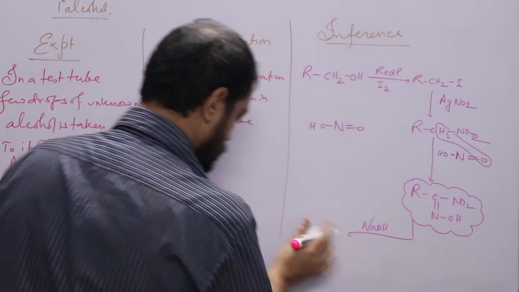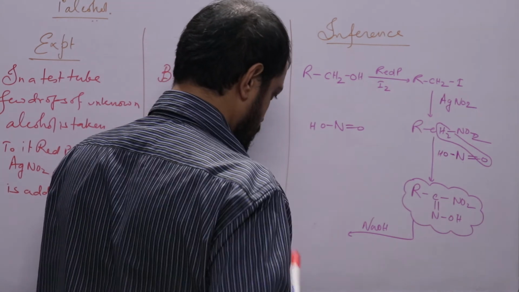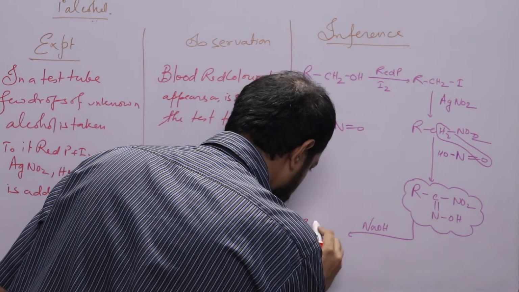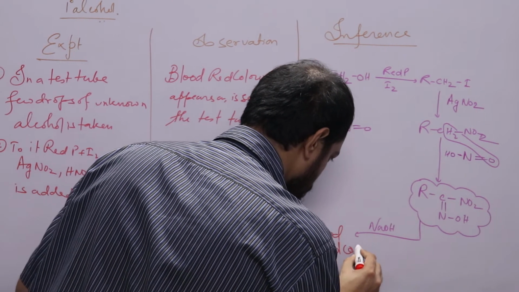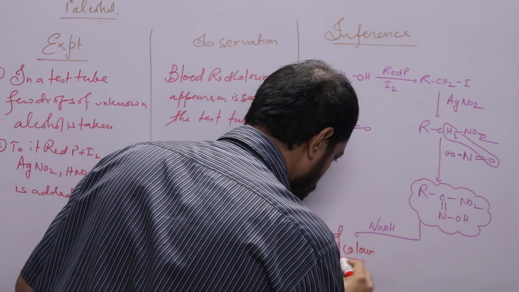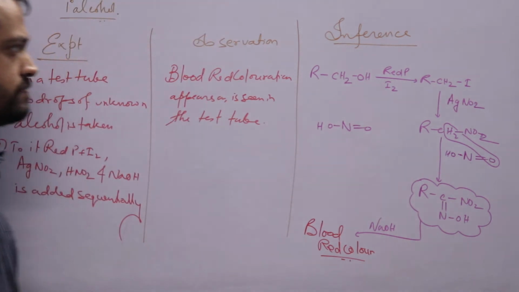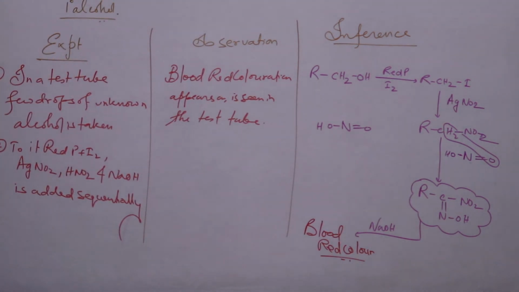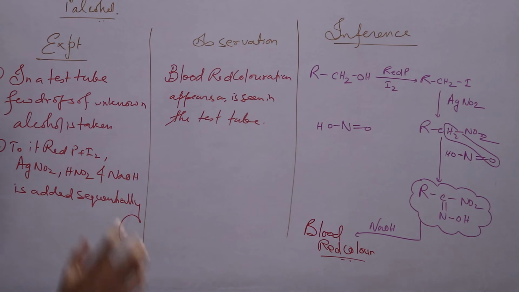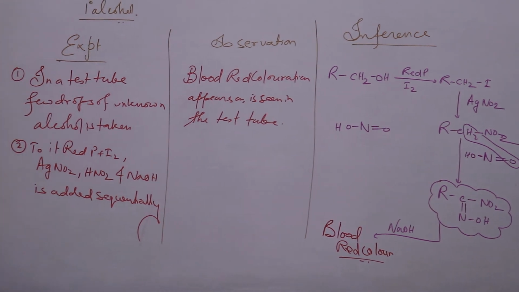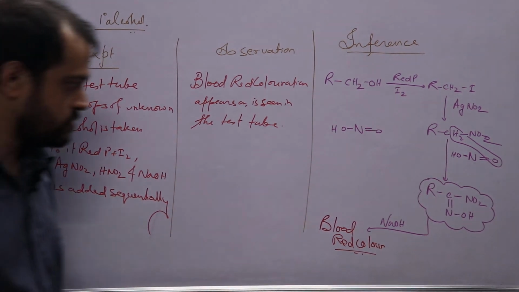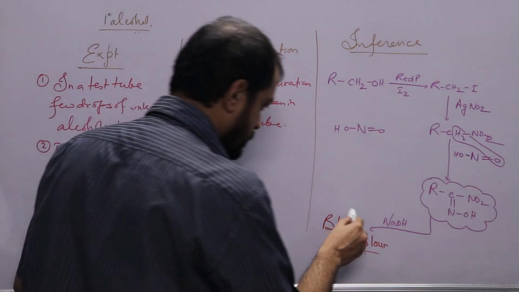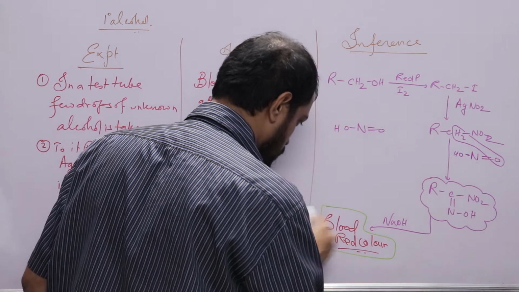I should write blood red with really blood red color. Okay, clear? Now this is the whole Victor Meyer's test for 1 degree alcohol. So this blood red color confirms that it is 1 degree alcohol.